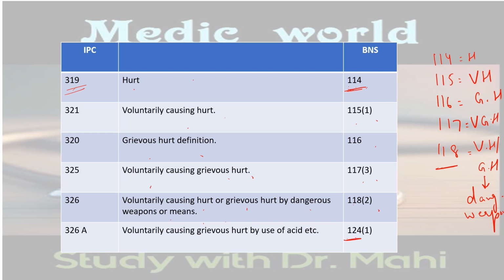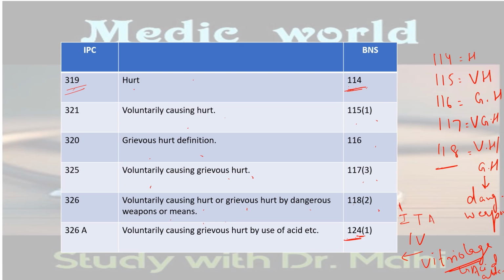How do we learn it? 4. How do we write 4 in Roman? IV. Read it like this. VI. VI, vitriolage, is acid attack. How can anyone do an acid attack? I throw acid. Okay.